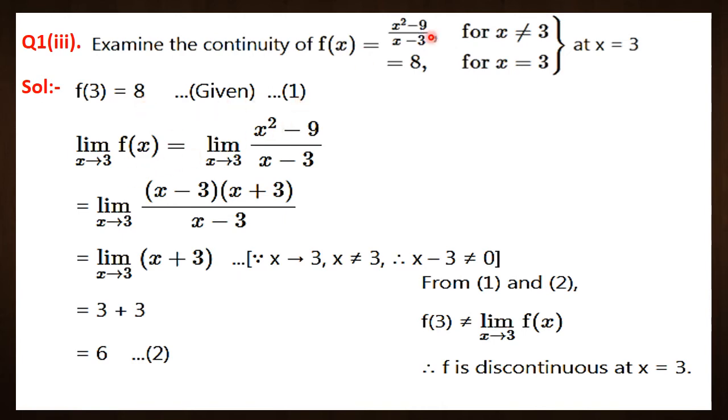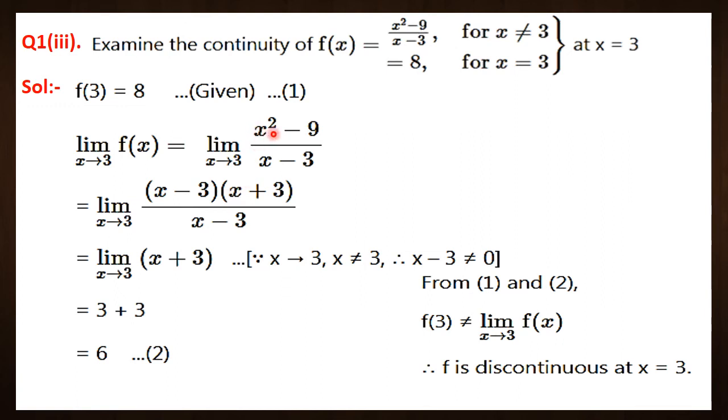Now, when x not equal to 3, limit x tends to 3, f of x is equal to limit x tends to 3, (x square minus 9) upon (x minus 3). When x not equal to 3, we can take that f of x as (x square minus 9) upon (x minus 3).